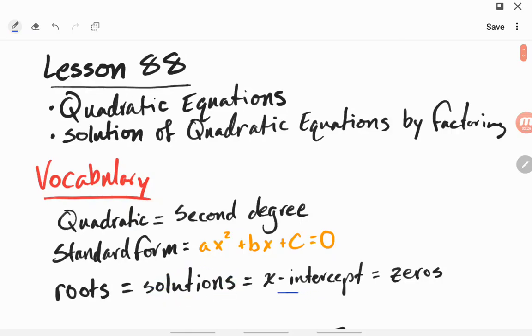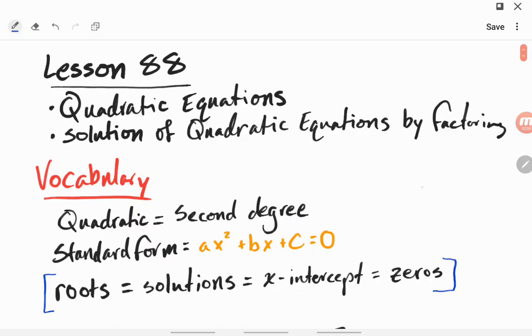We've also found the x-intercept, where the graph of this quadratic equation crosses the x-axis. These are often referred to as zeros. So all of these, they're the same thing. They're interchangeable, and you may see it say roots one time, and then it might say find the zeros next, or find the solutions of. You don't need to worry. They are all referring to the same thing.